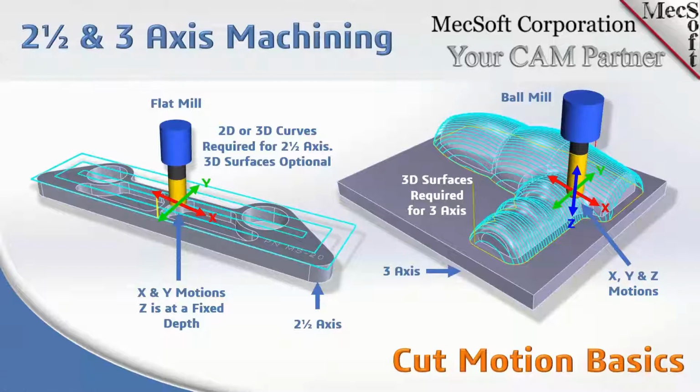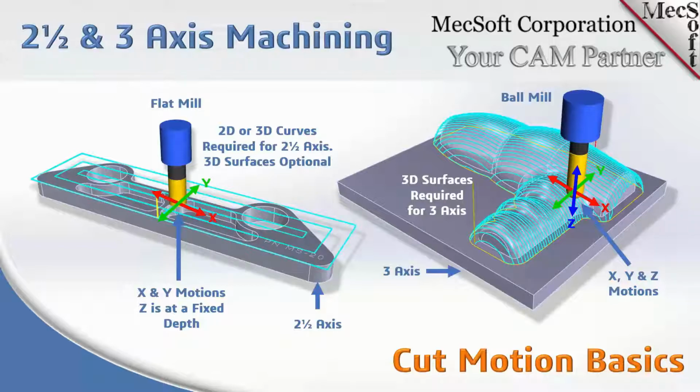Now, let's talk a little bit about the difference between 2.5 axis and 3 axis. Basically, it's defined in how the tool moves. If you look on the left side, you'll see we have a red arrow X and a green arrow Y. The tool can move in these two axes simultaneously, but it's fixed in its Z axis.